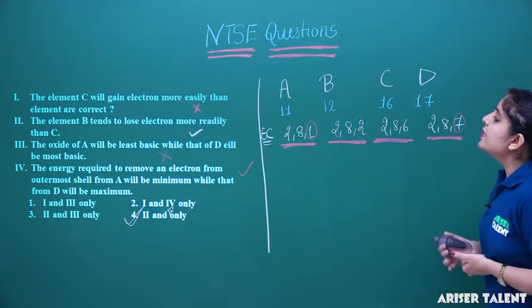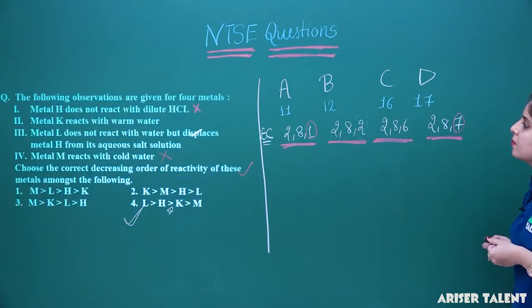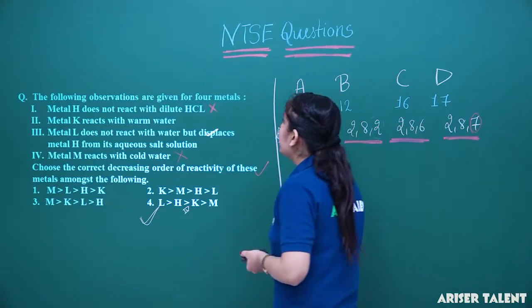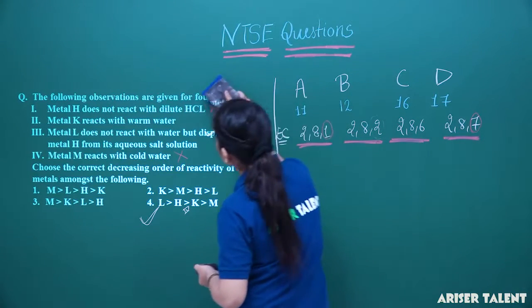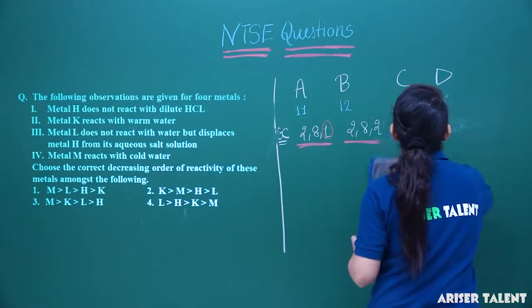Now let's move to the next question in this sequence. We have the following observations given for 4 metals. Now again we are provided with 4 metals.